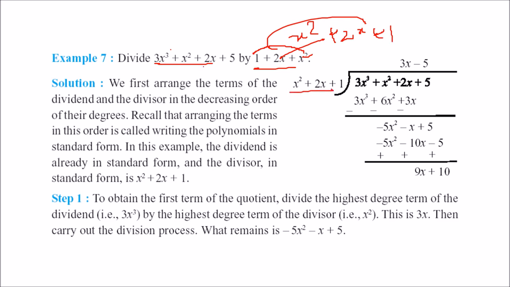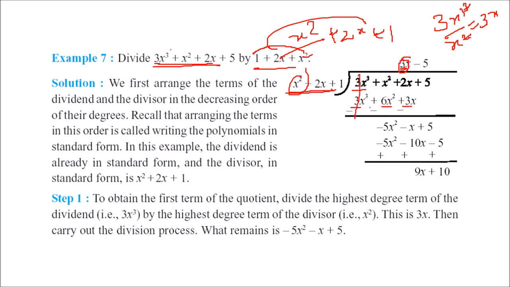Now the previous discussion will apply here. First take 3x cube divided by x square. What do you get? 3x. So place 3x here, and now multiply 3x by the divisor. You get 3x cube plus 6x square plus 3x.